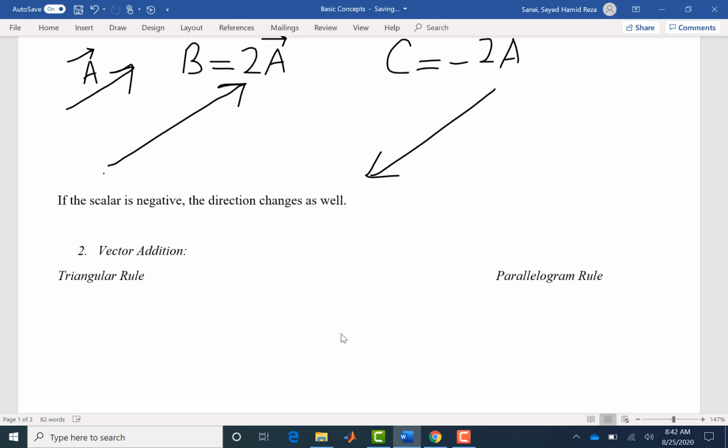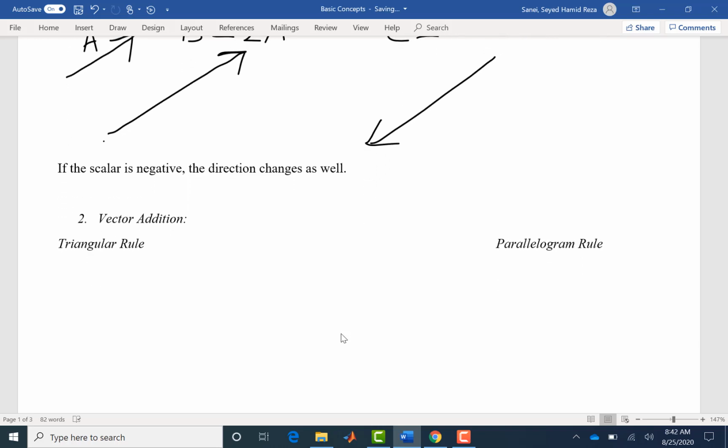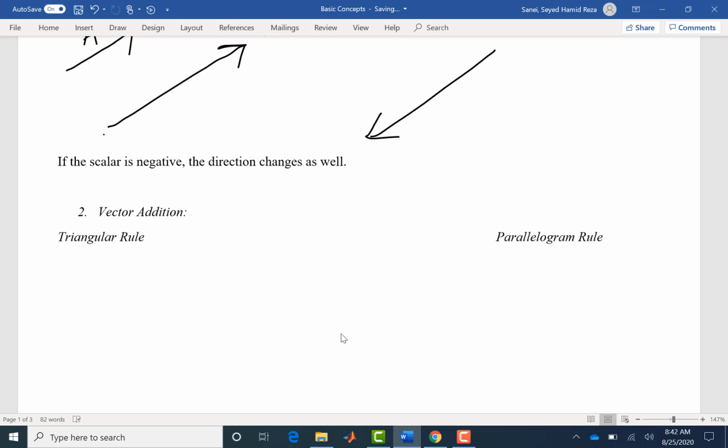We can add vectors together, and we have two rules for adding vectors together. One is triangular rule, and the other one is parallelogram rule. And I'm going to go over both of them. So let's say we have a vector A here, and then we have a vector B here as well. The triangular rule is saying that put the vectors one after each other.